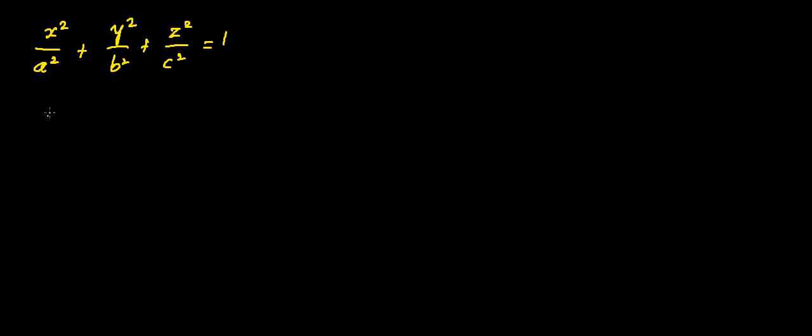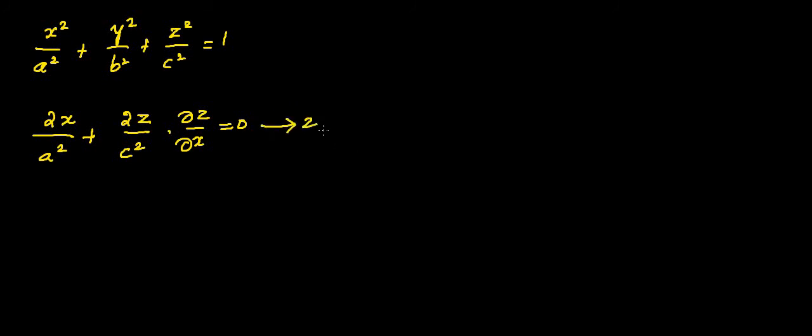So for the given problem, we are going to take this equation. When we differentiate this partially with respect to x, we get 2x divided by a square, the second term becomes 0, plus 2z by c square into dou z by dou x equals 0. So let us take this as equation number 2. Our main purpose is to eliminate all the arbitrary constants from the given equation.